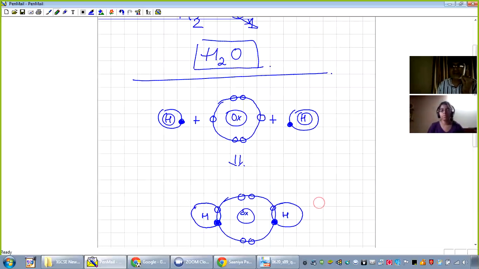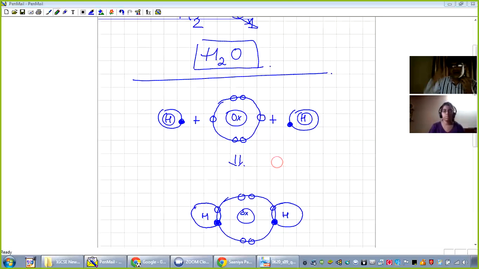In some cases there are exceptions, and in later chapters on chemical bonding we are going to study what these exceptions are and why they exist. So this is one example of the combination of atoms, or formation of a compound, by exchanging valencies and also showing diagrammatically how these compounds are formed.